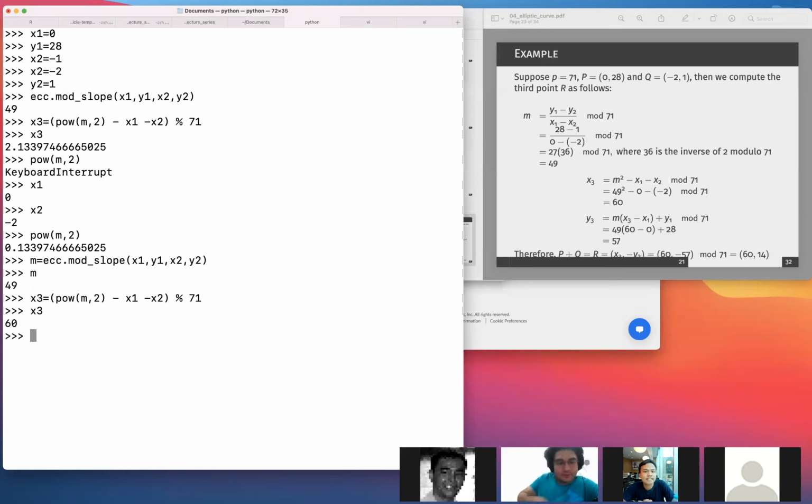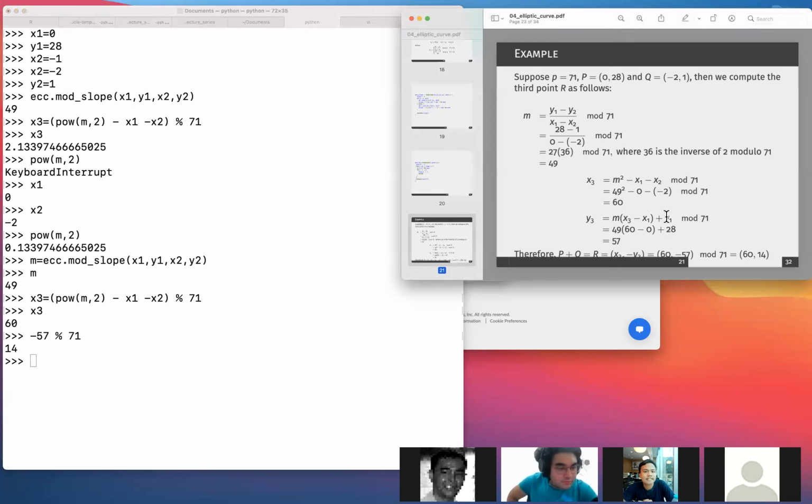So if you have a point (60, 57), then the mirror image is (60, -57). Now it turns out that -57 mod 71 is equal to 14, so that's why we have 60 and 14 here.